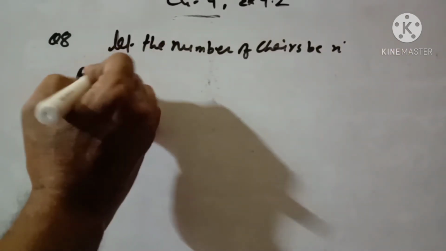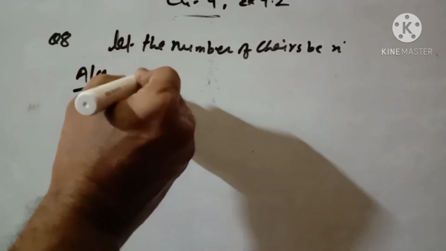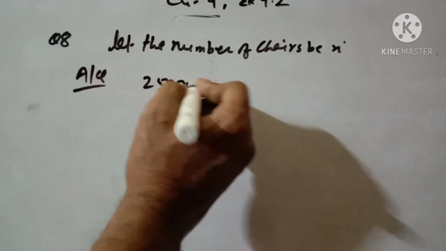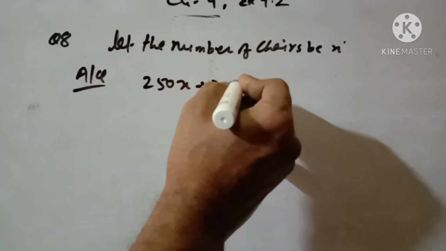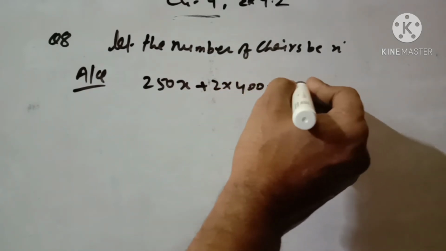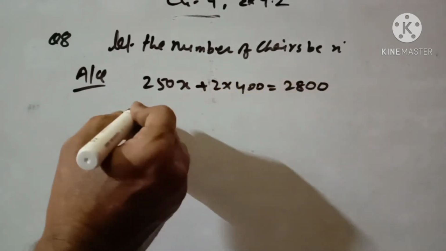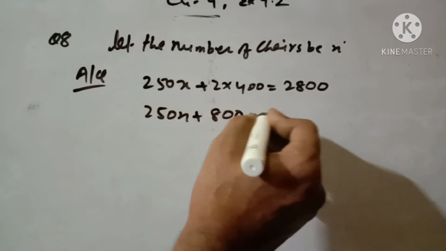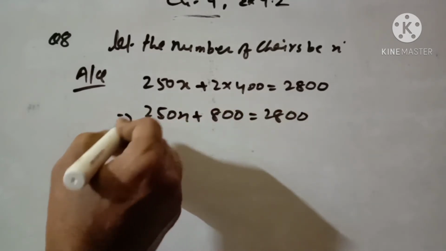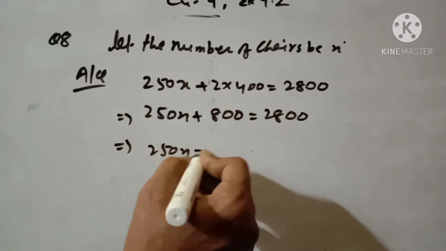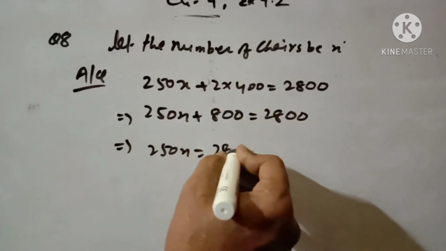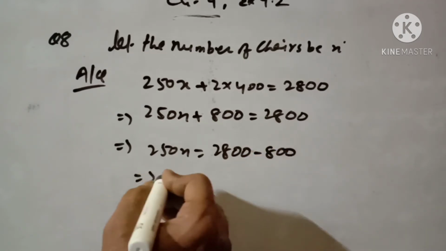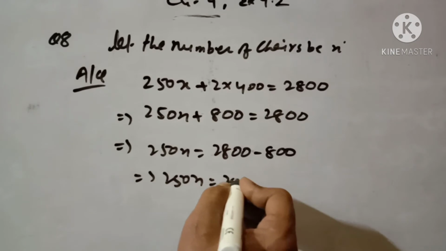So according to the question, the housewife purchased a certain number of chairs at 250 rupees each, that means 250x, and 2 tables means 2 into 400, equal to the total she has paid, rupees 2800. So 250x plus 800 equal to 2800. This implies that 250x, take 800 this side, 2800 minus 800, it will come 250x equal to 2000.